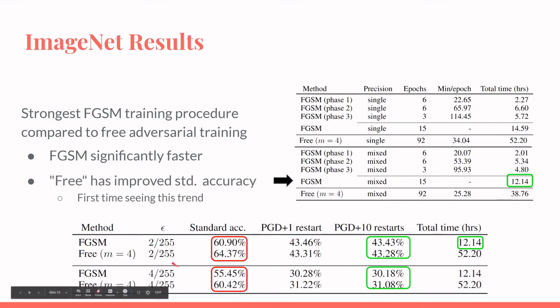We see similar trends again with epsilon of 4/255. And here, this is the most robust in significantly low time.